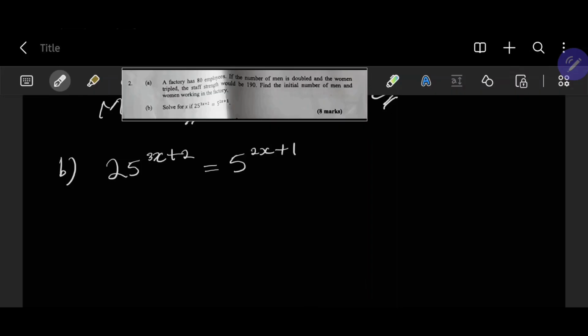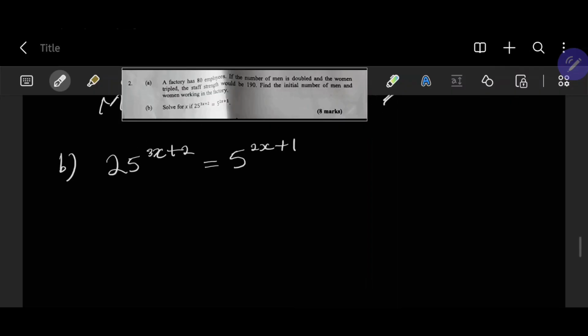Okay, so there we have indices. You can identify this as an indices question. The next thing you're going to notice is that the bases on the right and the left hand side have a common factor. So 25 is basically a multiple of 5.